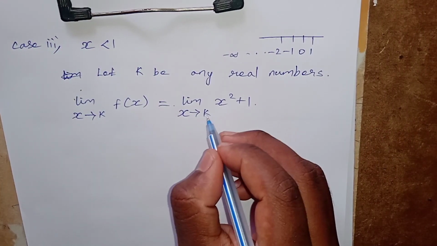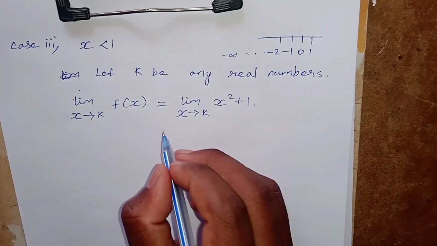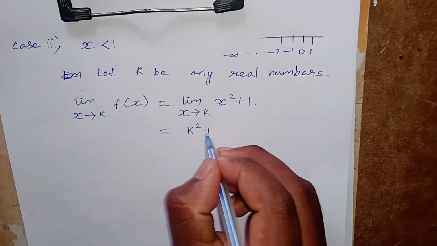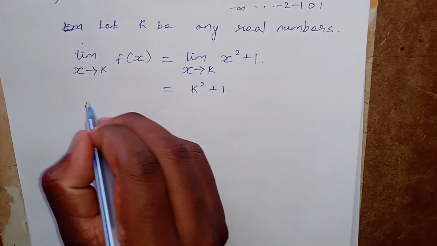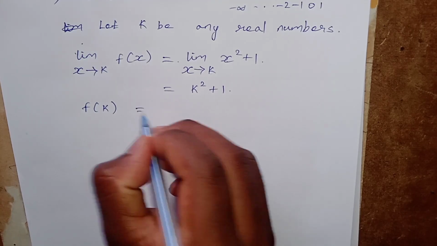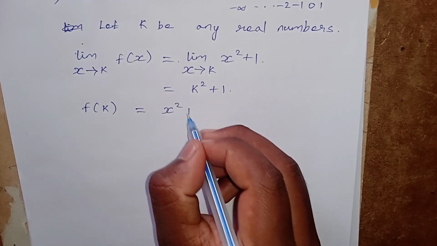You have to substitute the value of k in place of x. Therefore, k squared plus 1. Next, f of k, here x squared plus 1.